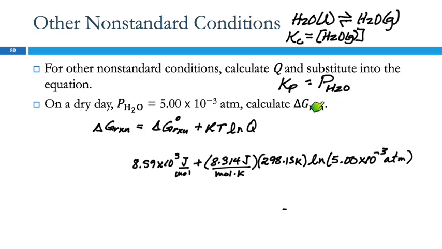This is how we calculate K. That would be at equilibrium. Here, this is not at equilibrium, and so Q is equal to the partial pressure of water. I know it's a little confusing, isn't it?